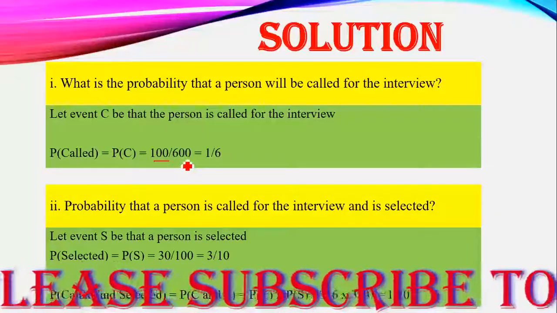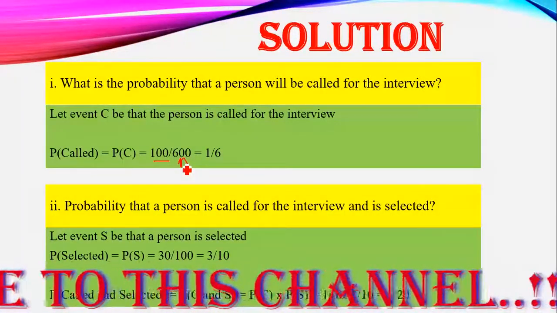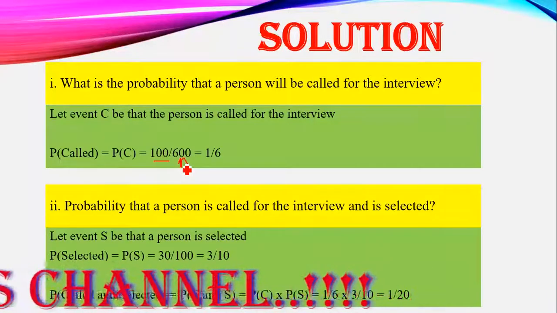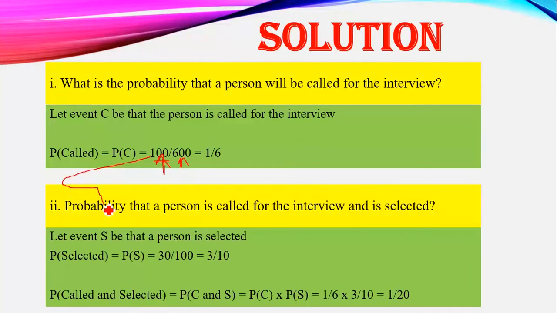And this is 100 out of 600 who have actually made application. But now, after being called for the interview, that is when you proceed to getting selected. So how many people are we selecting? We are selecting 30 people out of those that were called for the interview.